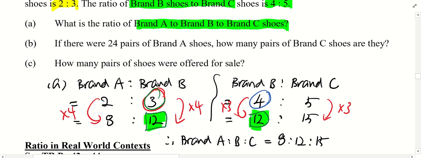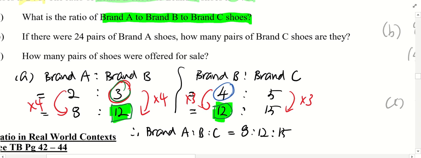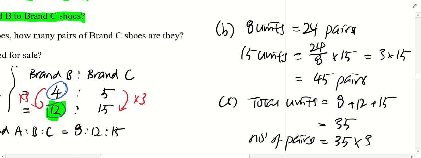Okay, part B says, if there are 24 pairs of A, how many pairs of C are there? Well, we have already obtained the ratio A is to B is to C. So we can compare the number of units. So let's take a look.